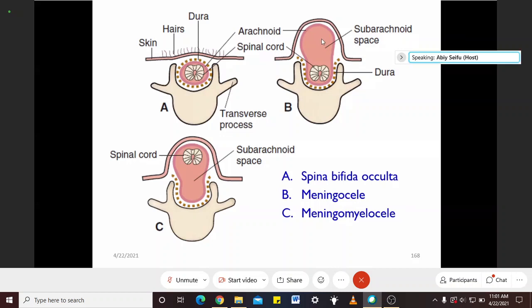This fluid is called CSF. But still, the spinal cord is in its position. But more severe is the meningomyelocele. The spinal cord may also be displaced externally from its original normal position.